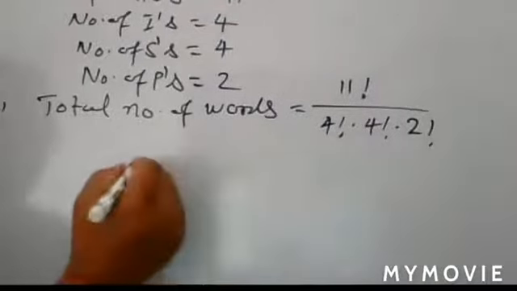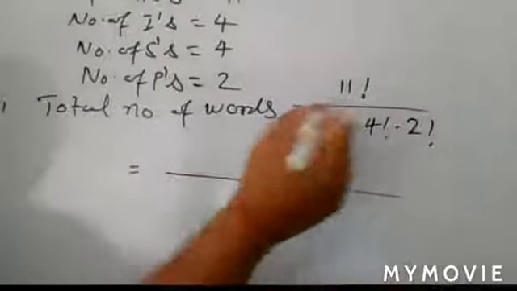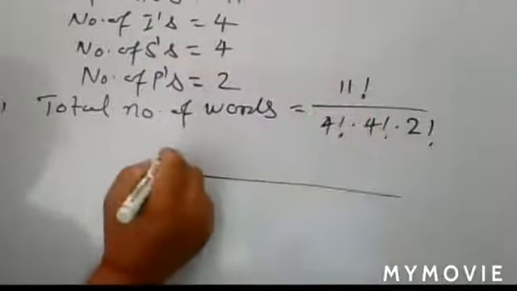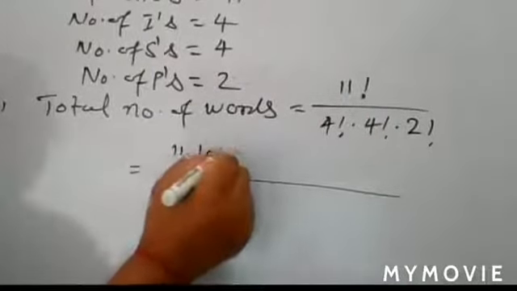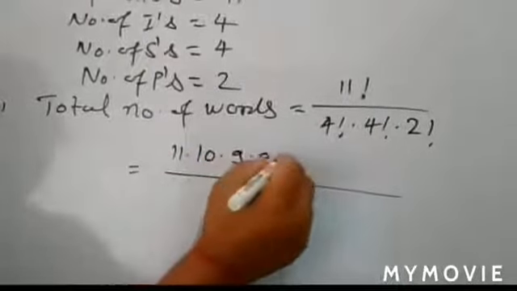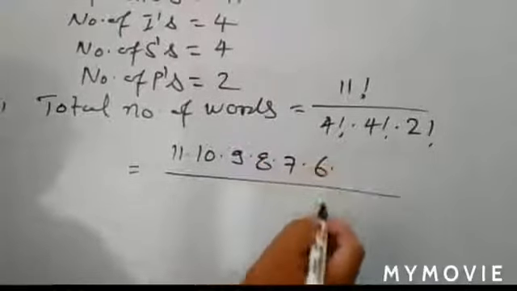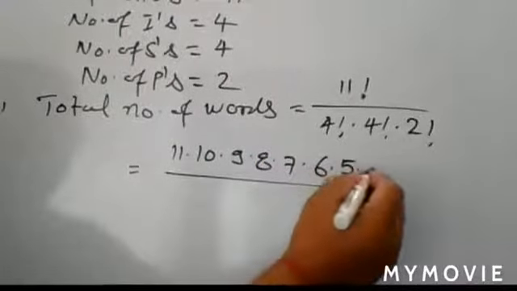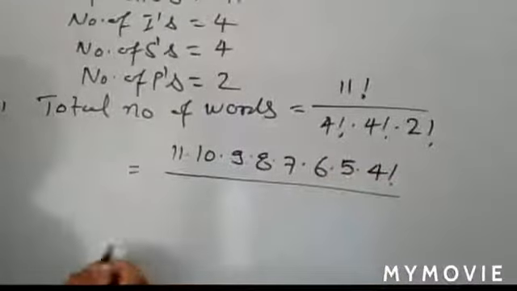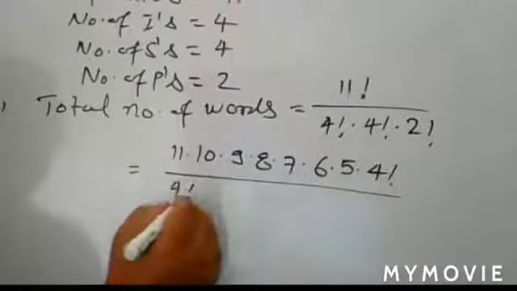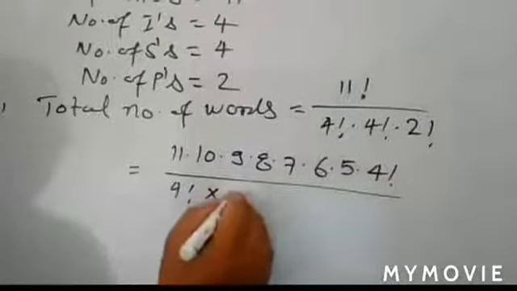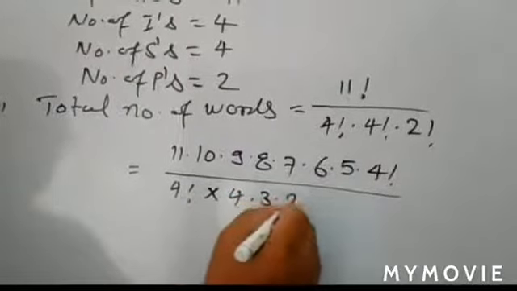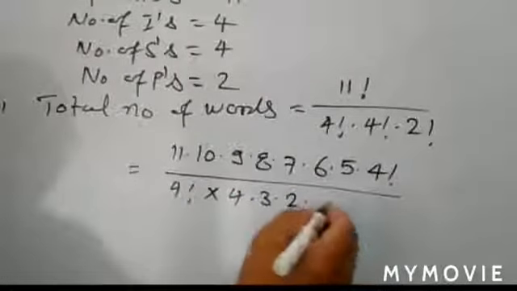So if you're simplifying, you expand here 11. So 11, 10, 9, 8, 7, 6, 5, and 4 factorial. And here you have 4 factorial, and this factorial can be written 4 into 3 into 2 into 1, so no need to write.